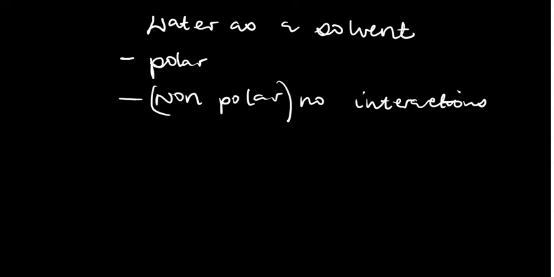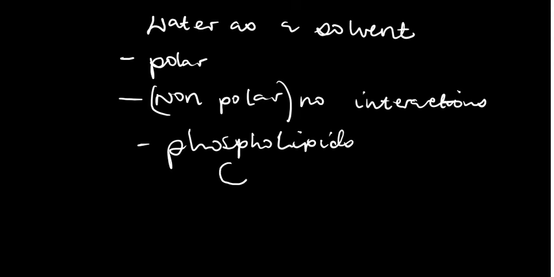Another thing I would like to highlight is the same thing about non-polar substances. We're going to talk about what we call phospholipids. These phospholipids have a hydrophilic head. When we say it's hydrophilic, it means it loves water.